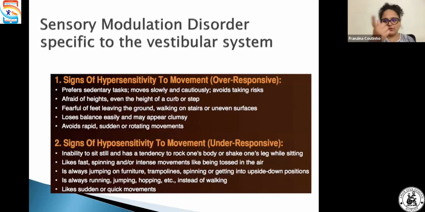So these rapid angular movements, especially in the same plane, are very difficult for them. And then you have the under-responsive child who you see in the classroom constantly shaking, or shaking their leg, tapping on things, jumping from one place to the other, and they love quick movements. Okay, so this is the hypersensitive or sensory seeker.